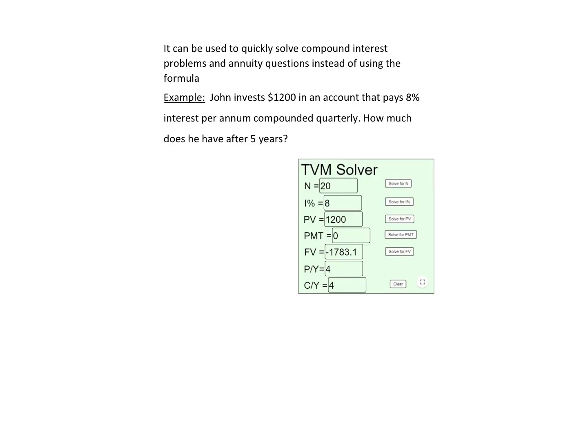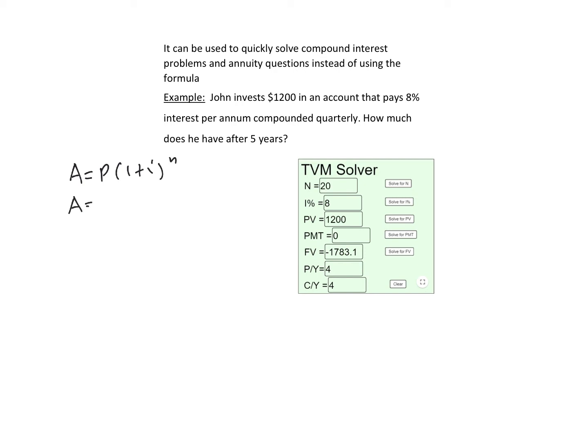Here we have John investing $1,200 in an account that pays 8% interest per year. Since he is only making one deposit, we're going to use the compound interest formula.